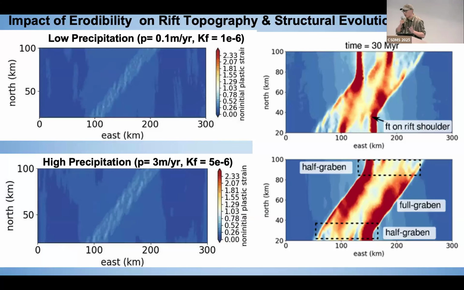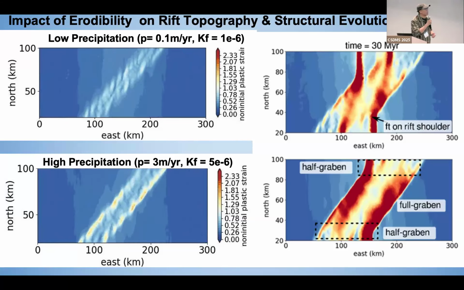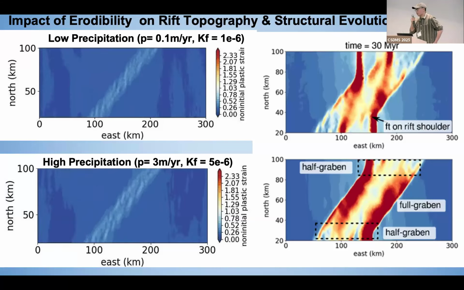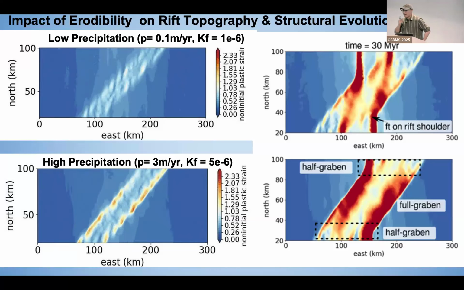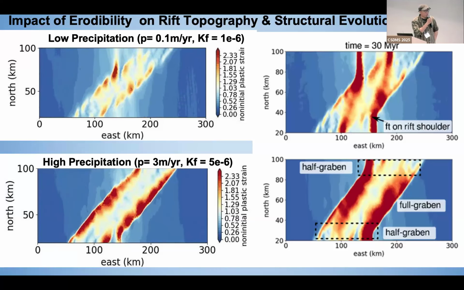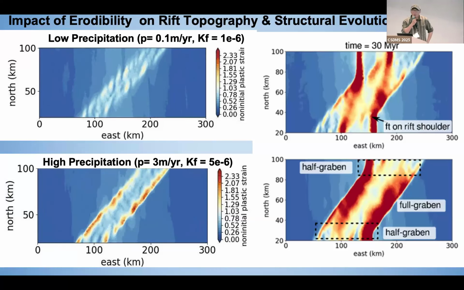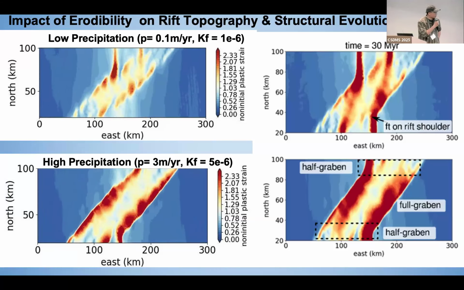Those are the border faults of the rift basin. But in the low precipitation case, some of the en echelon structures remain to the end of the model, and especially they can connect, forming some secondary border faults or intra-rift faults that are away from the initial weak zone.